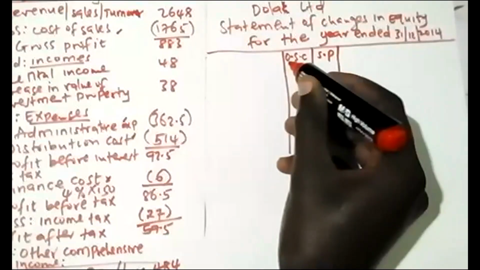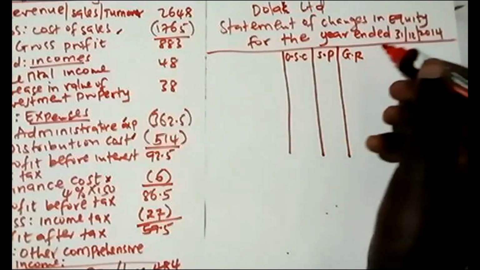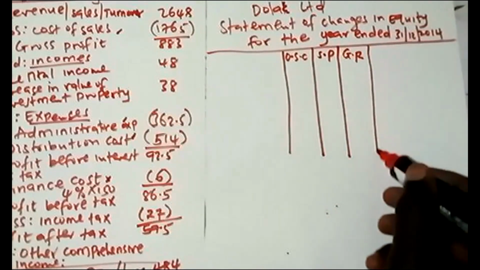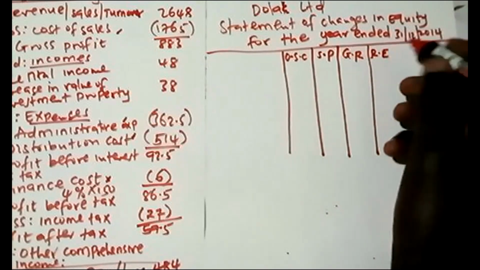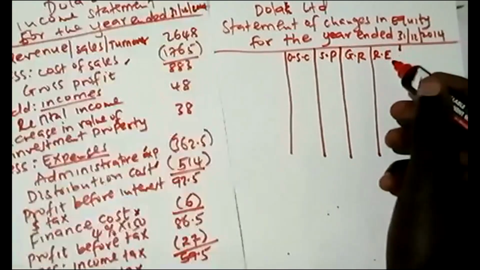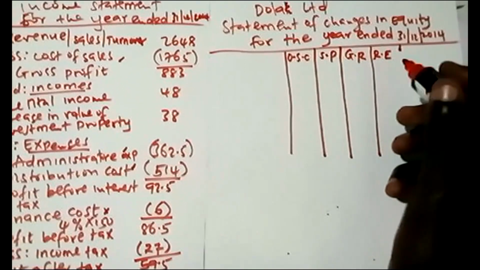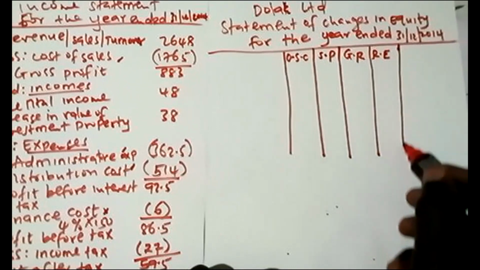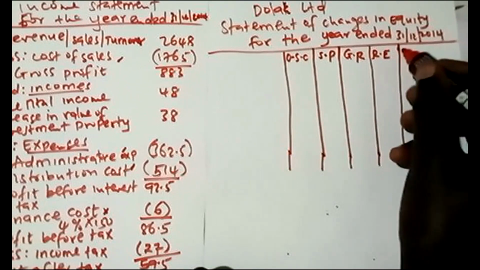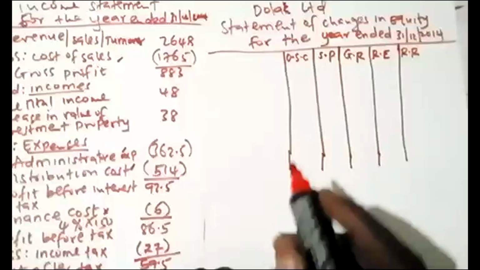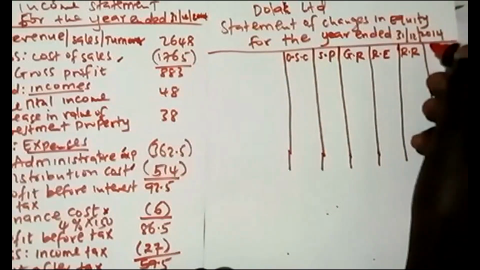These are picked directly from the trial balance. The last one, which is not in the trial balance, is the revaluation reserve of land and building, which is under additional information.